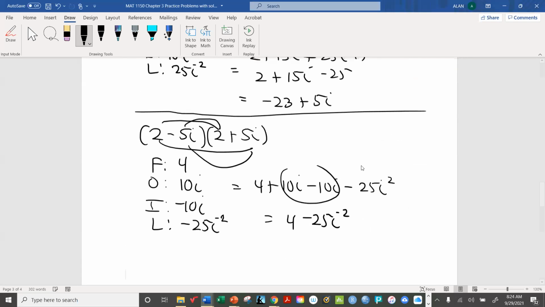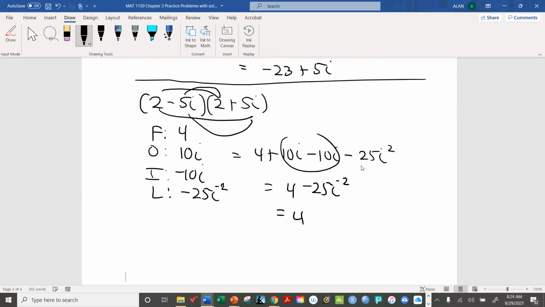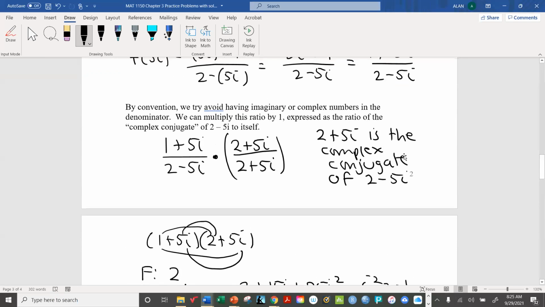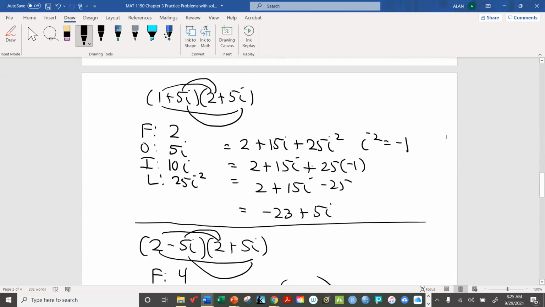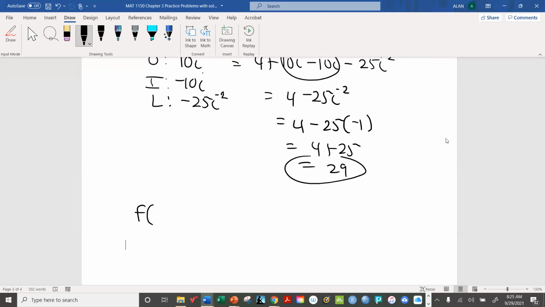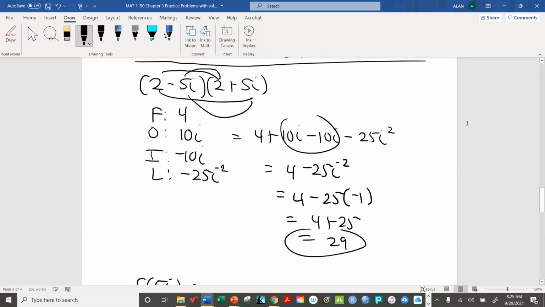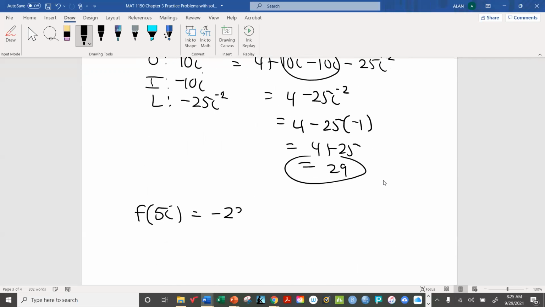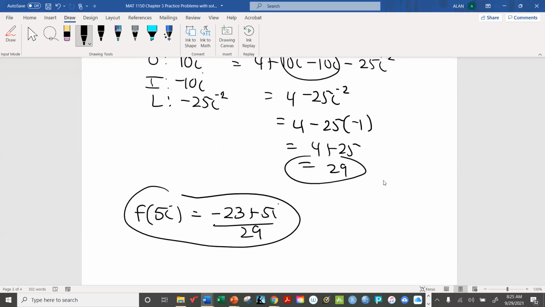But since i squared is -1, okay, so when we combine these, the final result is that f of, I forgot to write, 5i equals, the numerator is right here, -23 plus 5i over 29. So that's as simple as it's going to get.